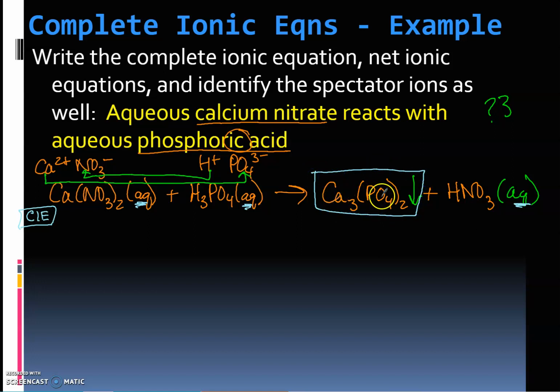The attractive forces between the calcium and the phosphate are too great in order for something to break it apart. So calcium nitrate would be Ca2+ aqueous and NO3- aqueous. And then I have H+ aqueous and PO4 3- aqueous.